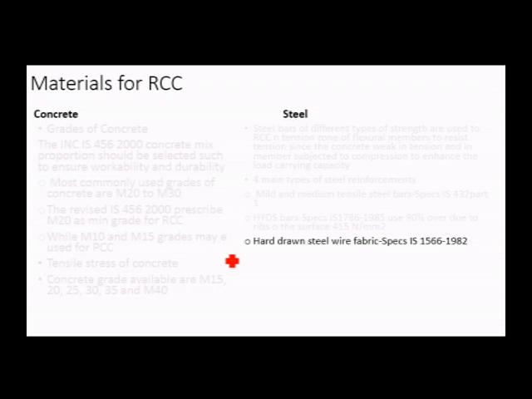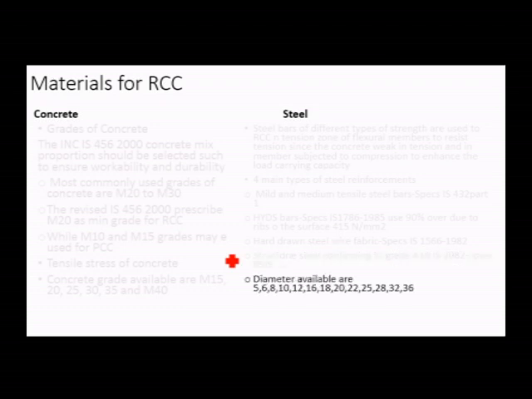Another steel used is hard drawn steel wire fabric, with specification IS 1566 1982, and structural steel conforming to Grade A of IS 2062, which also covers the rolled steel joist sections.